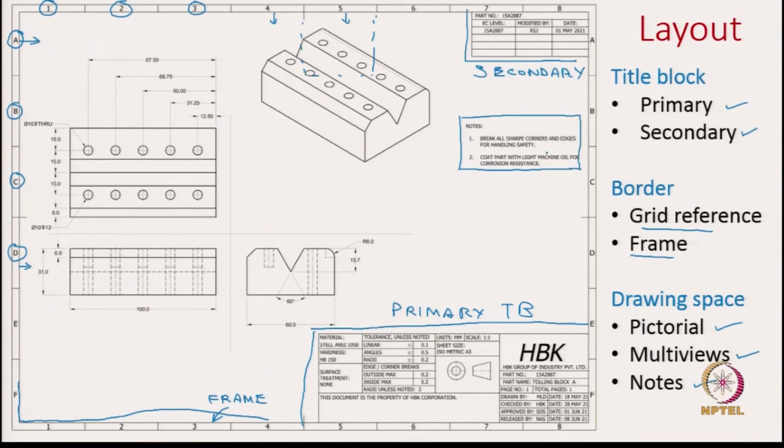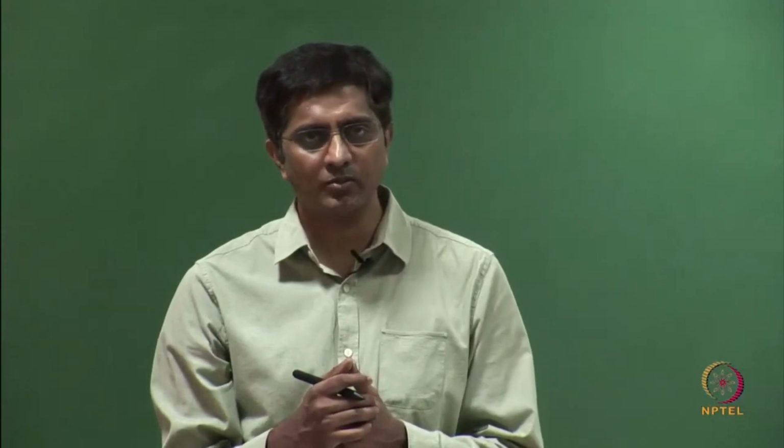The idea is when someone is drawing, you want to convey all the engineering information and capture it on the drawing sheet, so that when I transfer this drawing sheet to a third party, let us say someone fabricating this particular object, he need not contact me again. All the information necessary to fabricate it can be given.